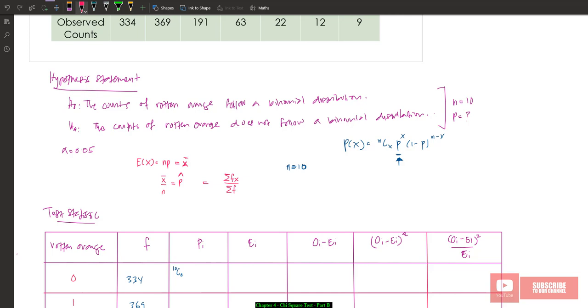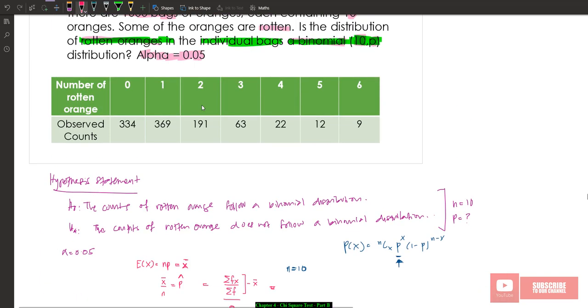This value is equal to x bar, and then we divide by the value of n. We know that our n is equal to 10. So now, summation of fx: this is x, this is fx. We just need to key it into our calculator.